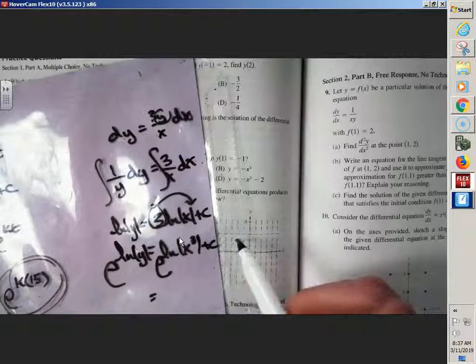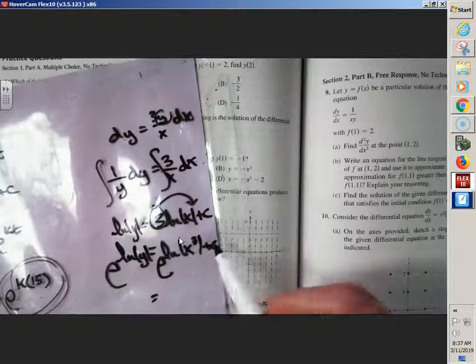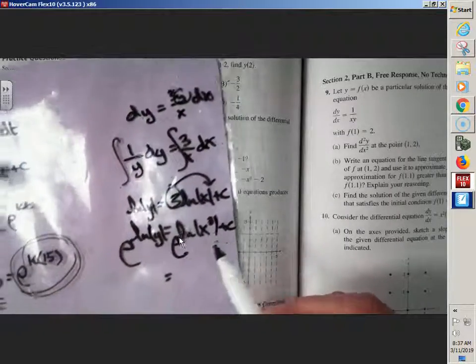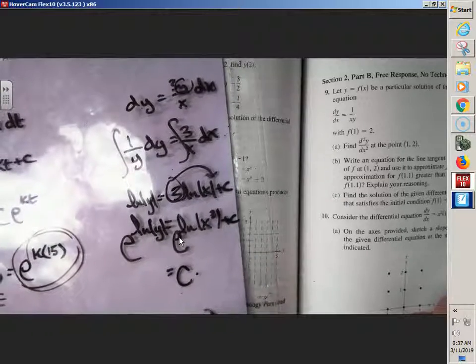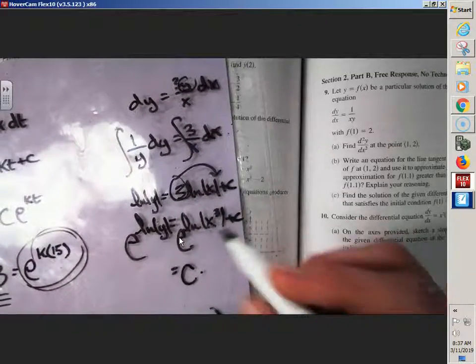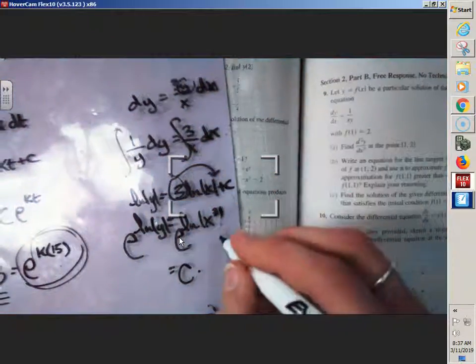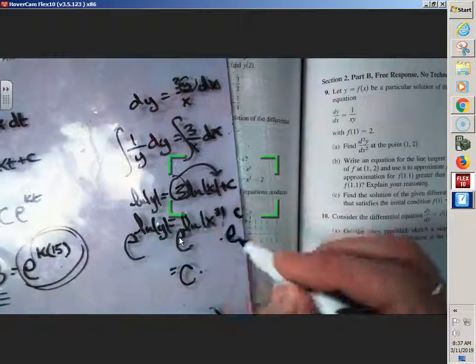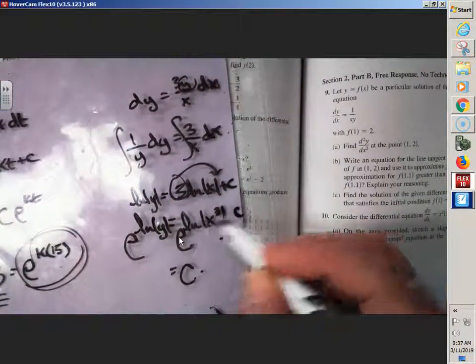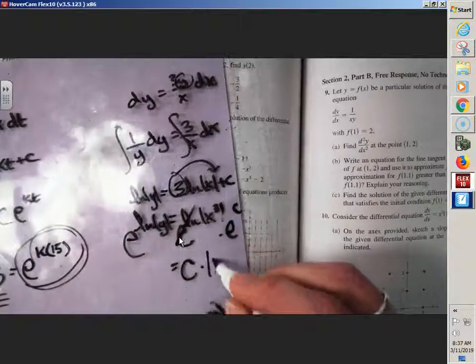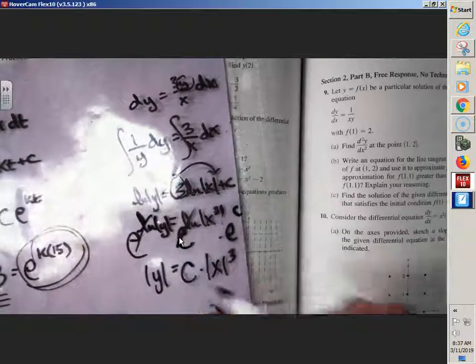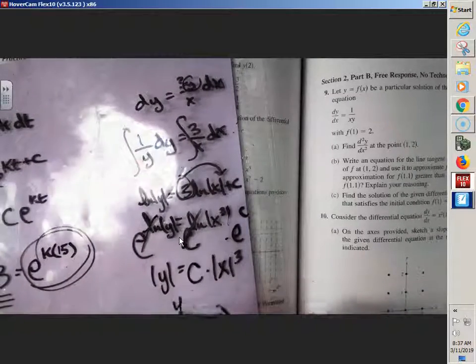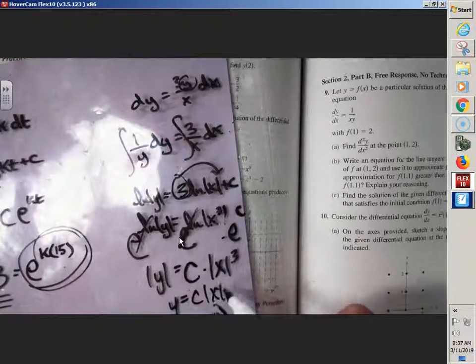Is it addition on the outside or is it in the exponent? And if it's in the exponent, what's it going to become? Multiplication. C times. Because I can change this plus c to be times e to the c. Now that I have that separated, e to the ln cancels out, so I have x cubed, and over here I have absolute value of y, which will get absorbed into the c.